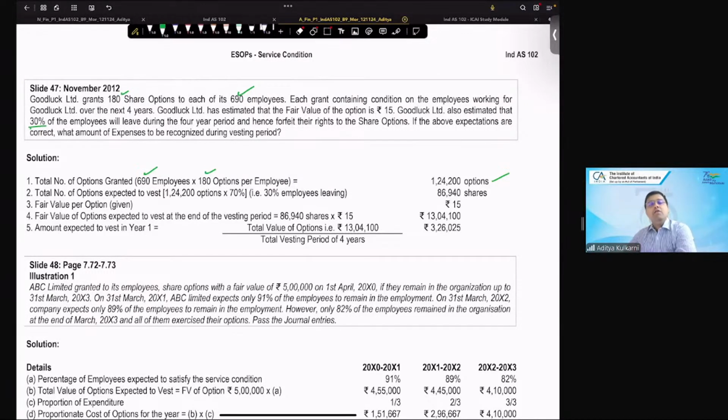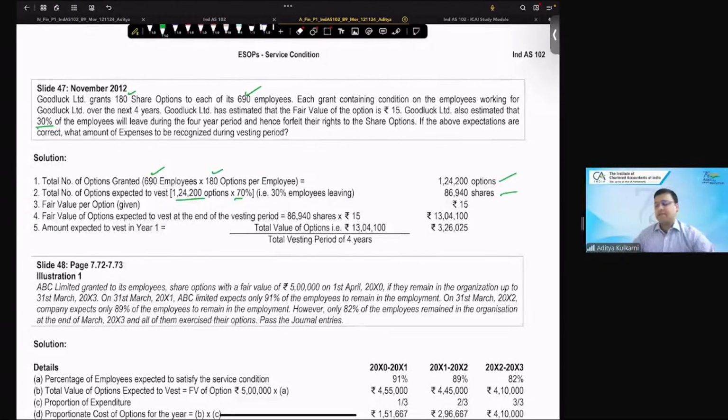And therefore, during the service period tenure of 4 years, if 30% are expected to leave, how much is expected to vest? Only 70%. So 1,24,200 into 70% gives you 86,940 options or shares, whatever you want to call them.